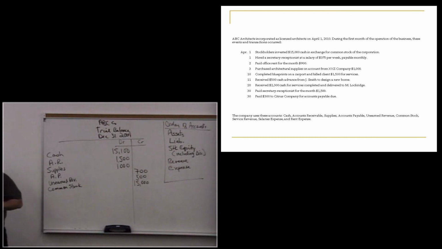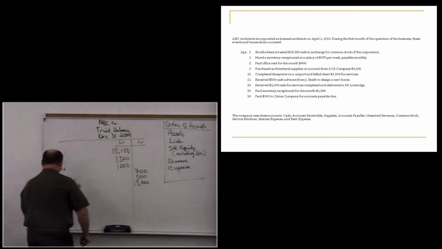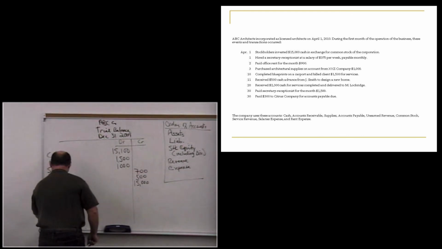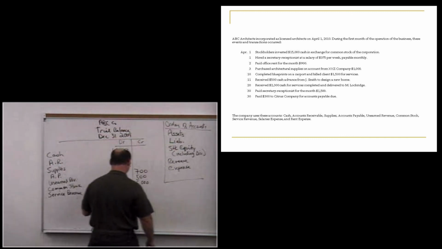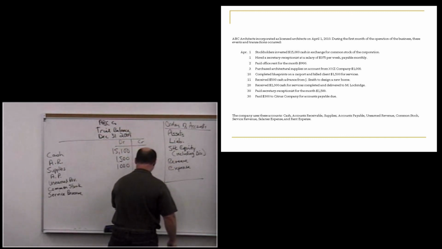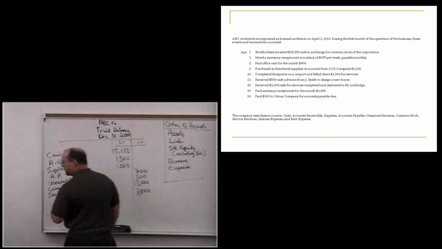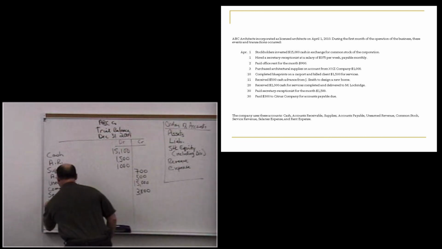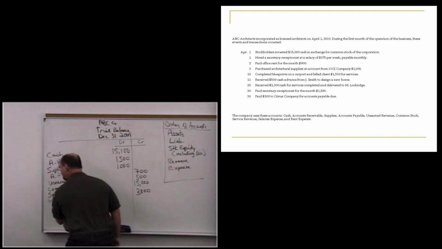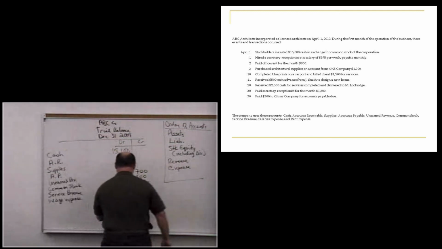Okay, service revenue, $3,800. Then we have wage expense. That is $1,500 debit.